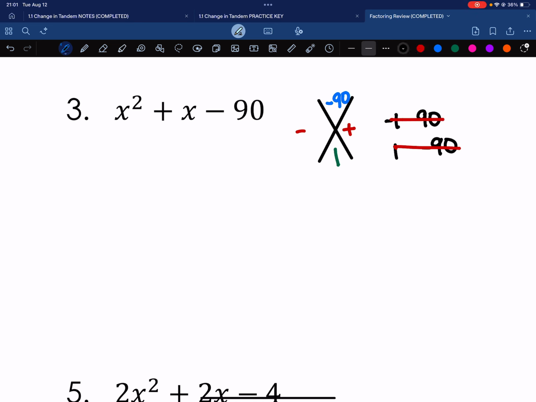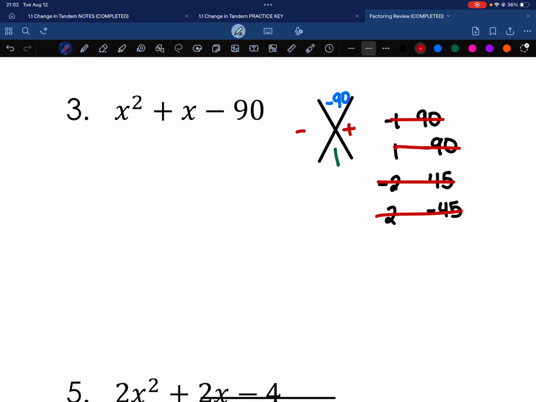We can do 2 and 45, make one of them negative, and then when you write it the second time, the other one switches to negative. But again, when we add those together, we're not going to get a positive 1. So really, we want to think about what numbers are really close to each other that allows us to get a positive 1.